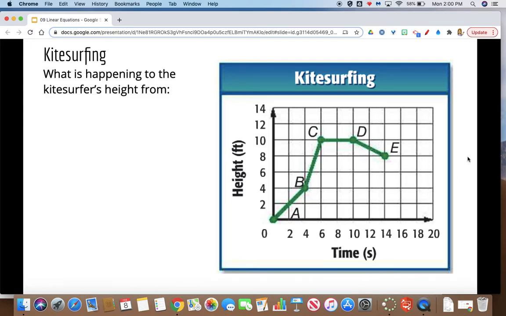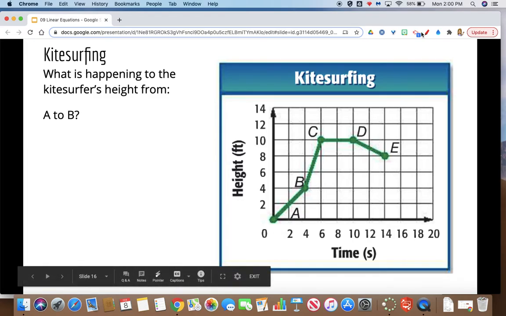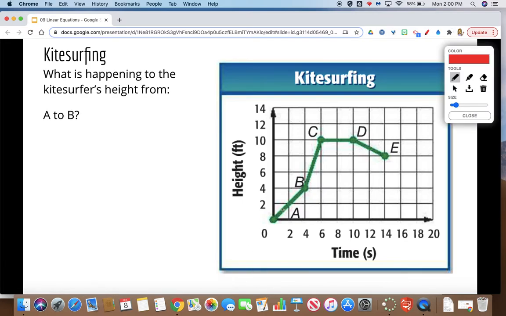Let's look at what's happening to the kite surfer's height from different points to the other. What's happening in the kite surfer's height from point A to point B? Here's A, here's B. Well, I notice every 2 boxes, so that would be 4 feet, we travel up. 2 seconds, 2 boxes, so 4 seconds is how much time has passed.